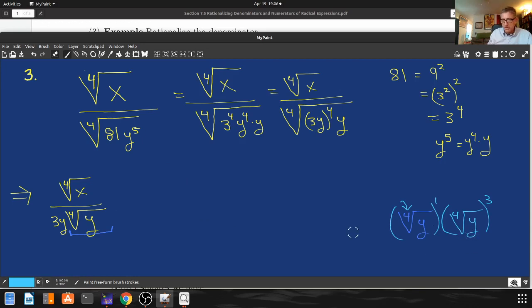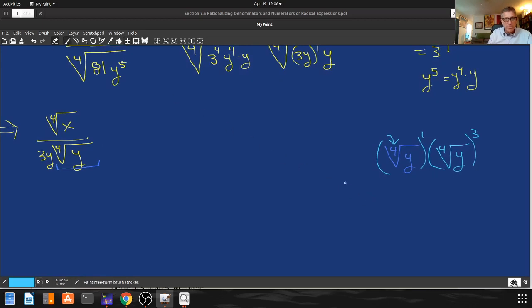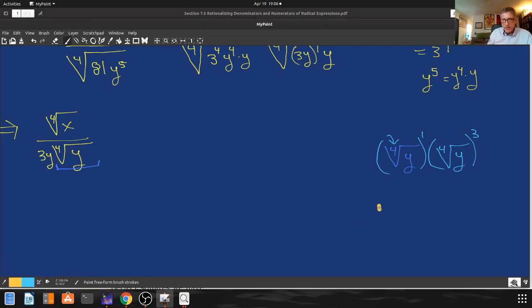Back a while ago, I think it's 2 lectures ago, we learned that the nth root of x raised to the mth power is equal to the nth root of x raised to the m power.